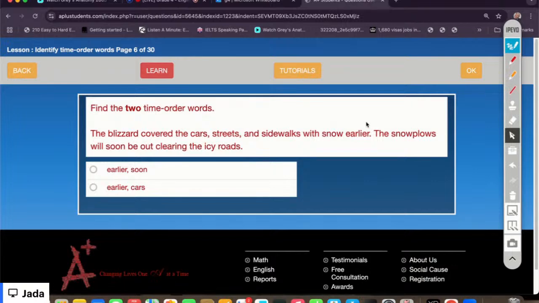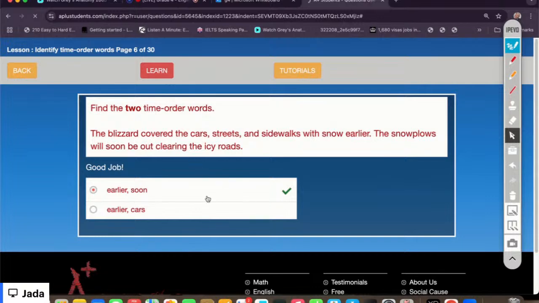So, what are the two time order words here? All right, so earlier and soon.